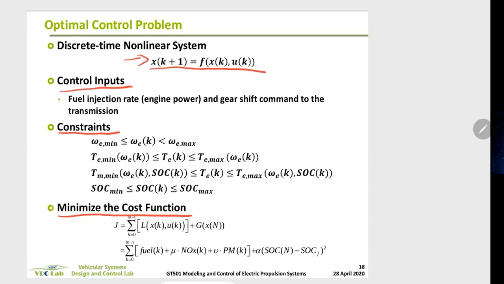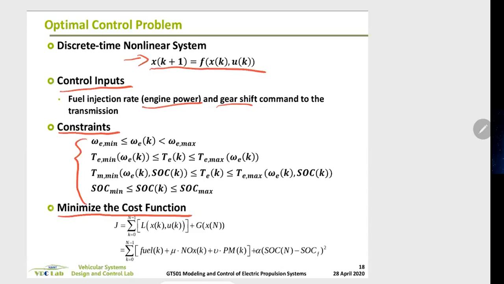So for a hybrid electric vehicle, the control inputs are usually engine power and gear, assuming a P2 hybrid or parallel hybrid. And then you have the feasible operating region for engine, motor, battery, and so forth.